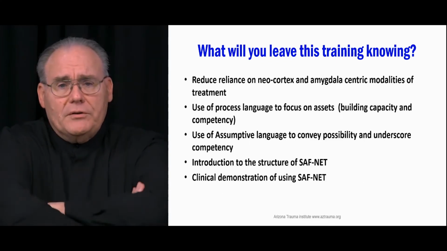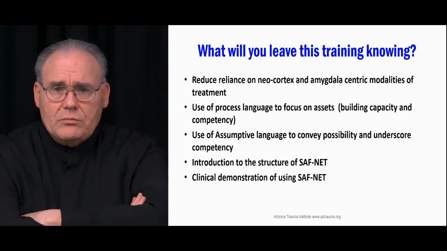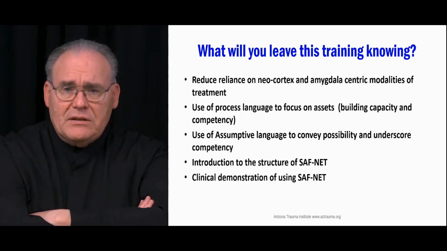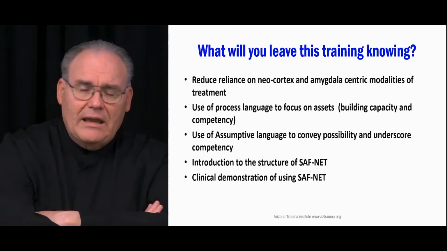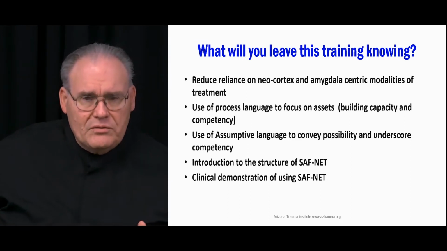What else you're going to learn is to be able to reduce your reliance on neocortex and amygdala-centric models of treatment. And it'll make more sense as we go through the training.